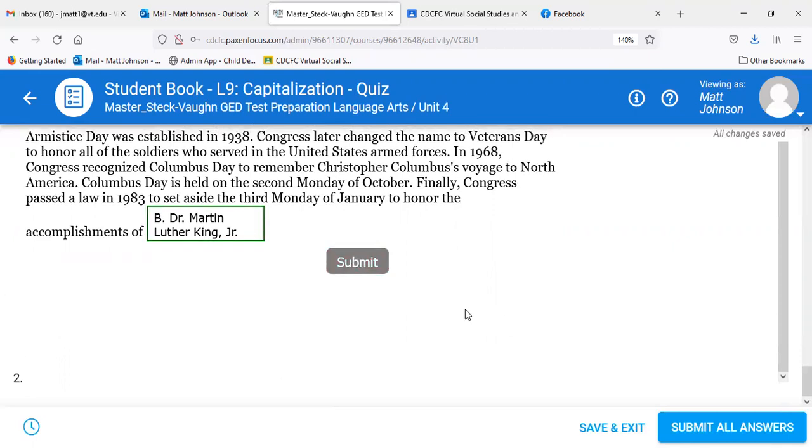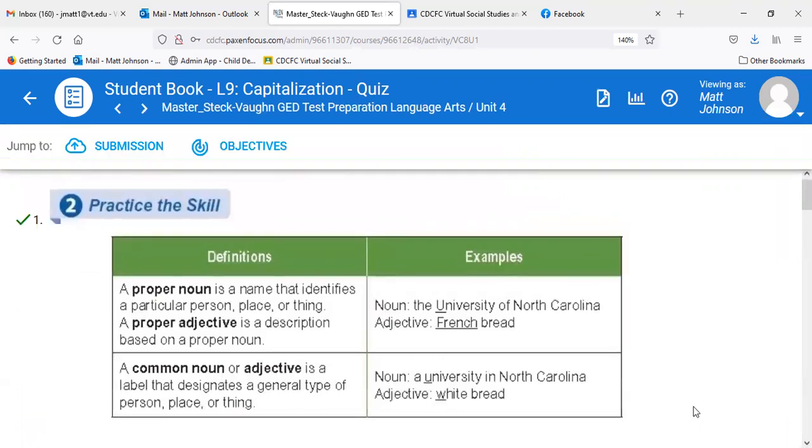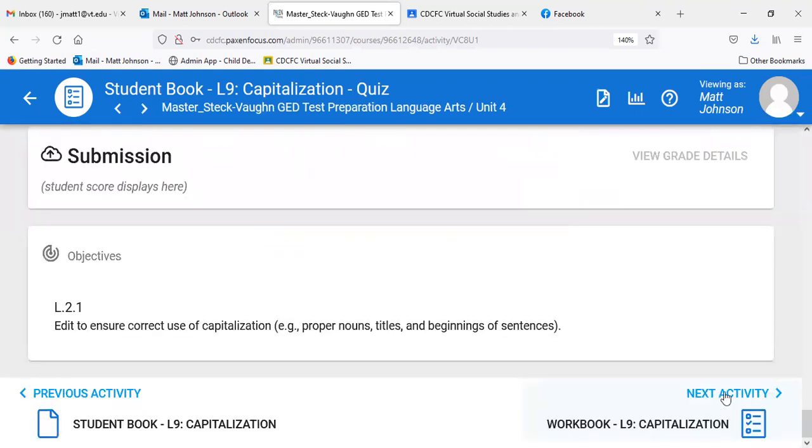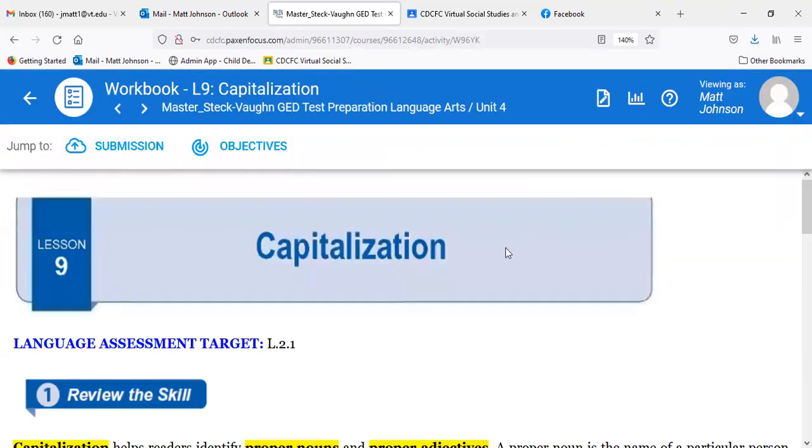Mm-hmm. All right. Okay, let's skip on here. Let me get to the workbook. All right, our capitalization workbook.